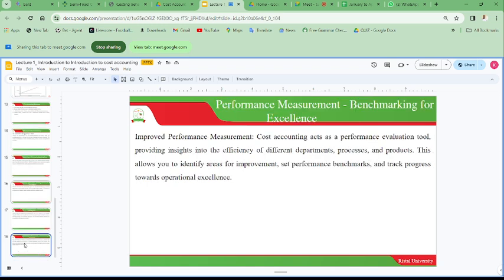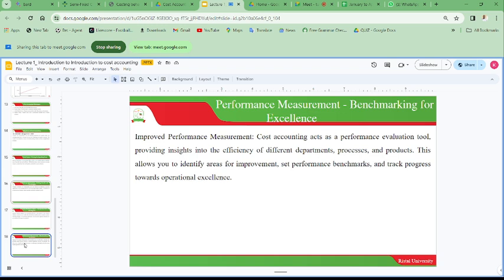And then we have improved performance measurement. As a performance evaluation tool, it provides insights into the efficiency of different departments, processes, and products.